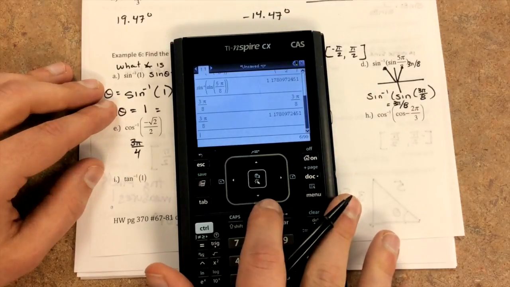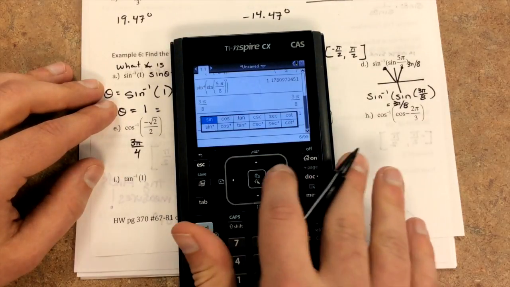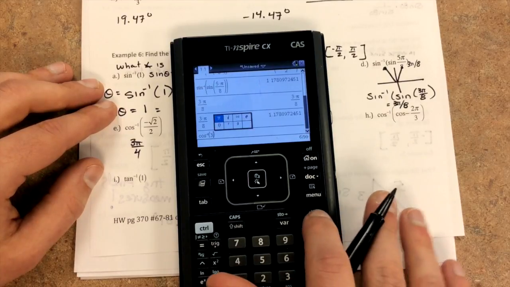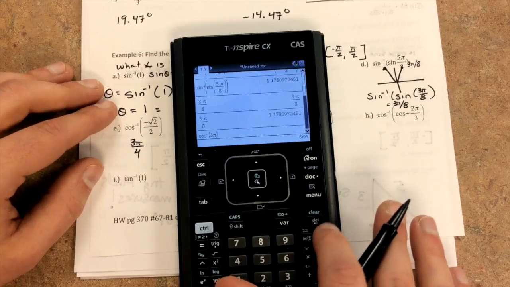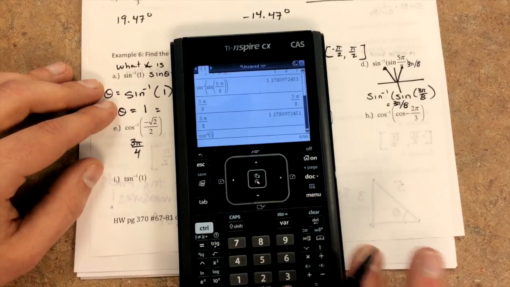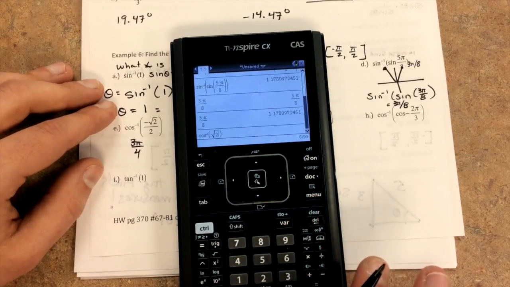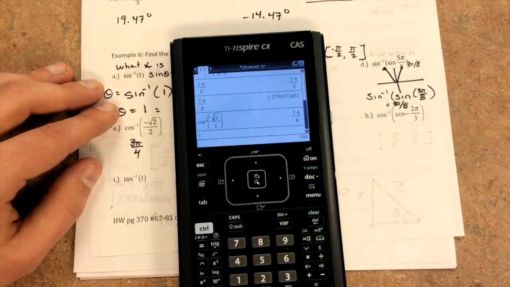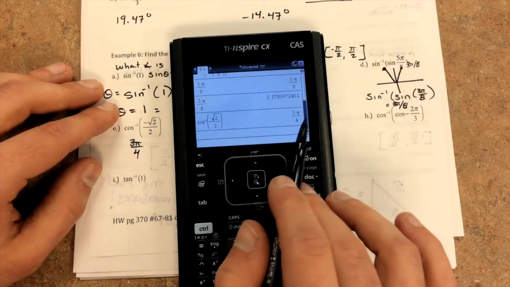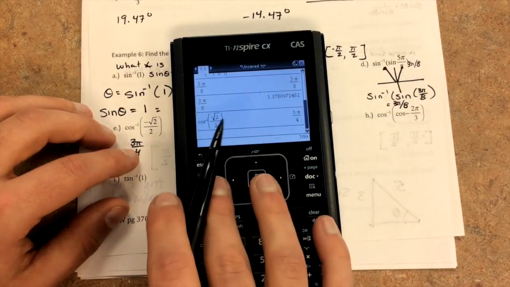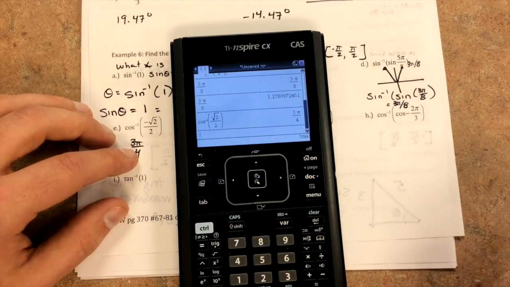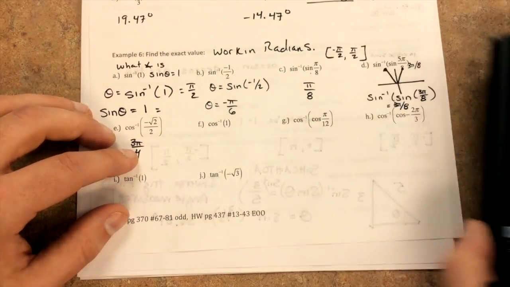If I go to my calculator and I hit trig, inverse cosine of negative square root 2 over 2, 3 pi over 4. Inverse trig gives you an angle measure. You can also look on your unit circle and say, okay, where is cosine negative root 2 over 2? Second quadrant. There you go.